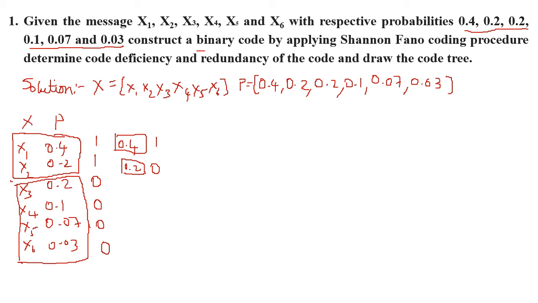The total sum of probabilities for the first group is 0.6, so 0.6 divided by 2, the approximate value you get is 0.3. Then 0.2 is one subgroup, then the remaining symbol probabilities as one more subgroup, which is 0.1, 0.07 and 0.03. Assign this group 1 and the remaining subgroup 0.